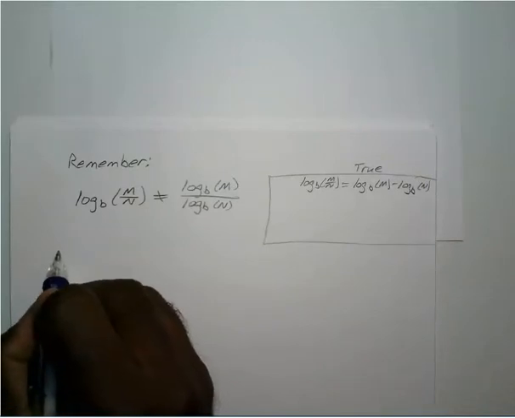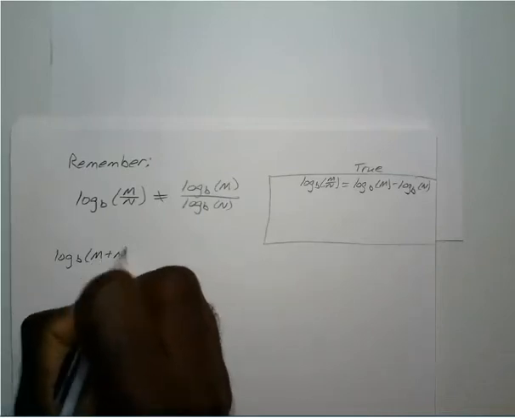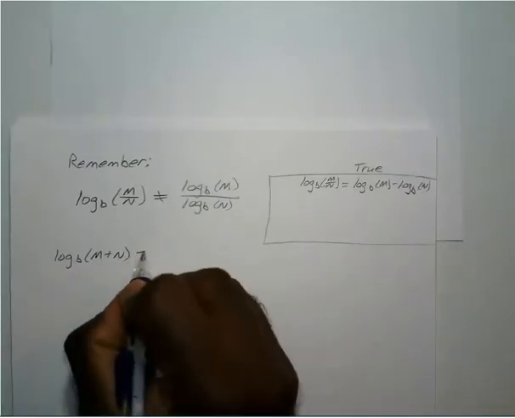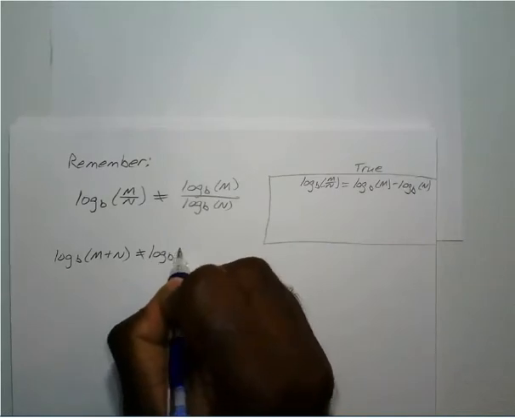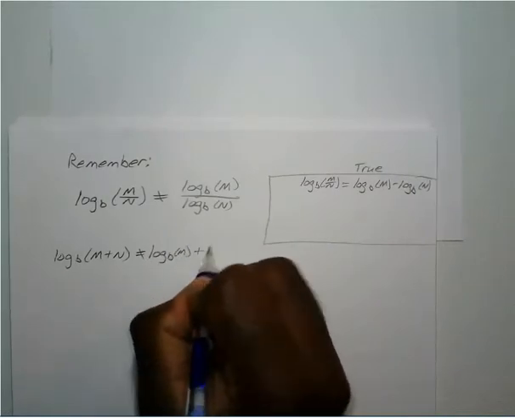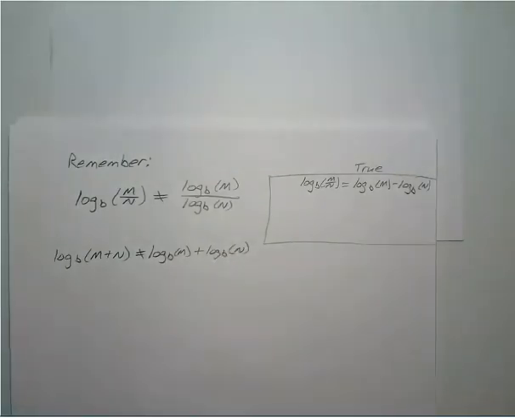And same thing here. If you happen to run across a log base b of m plus n, that does not equal log base b of m plus log base b of n.